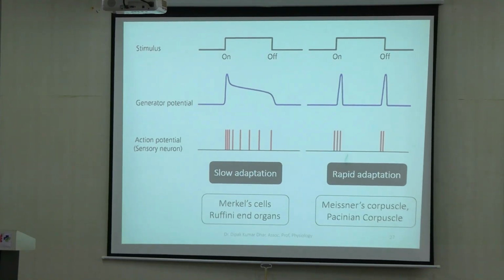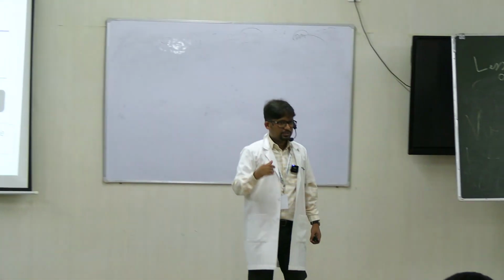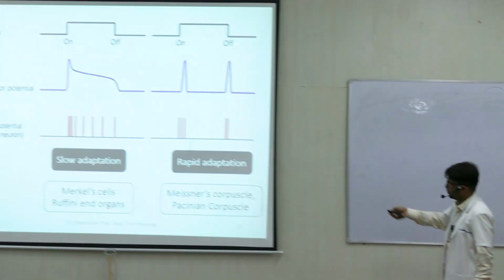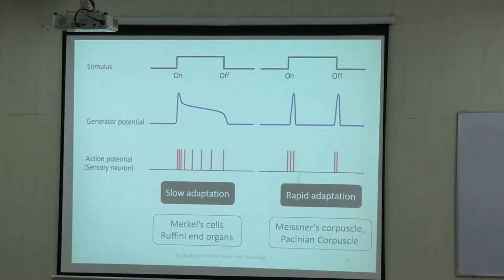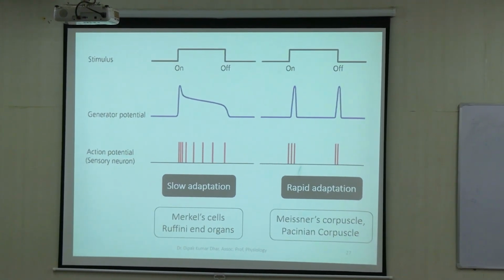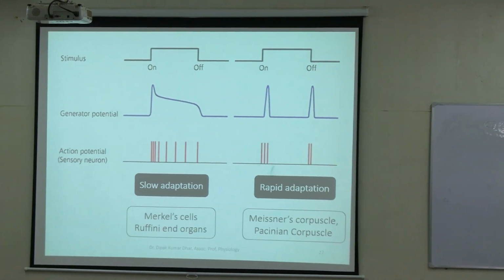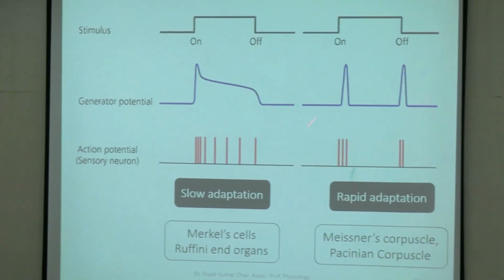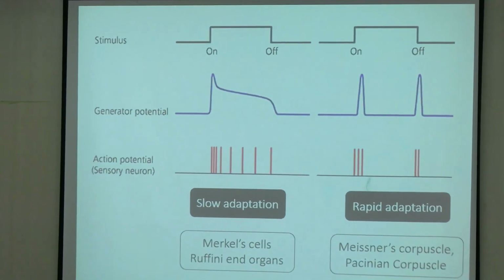Again when stimulus is off, there is again a change. So now there is again a generator potential, again there are few impulses. Rapidly adapting receptors. So wherever we should be able to detect on and off very rapidly, the receptors should be rapidly adapting receptors.